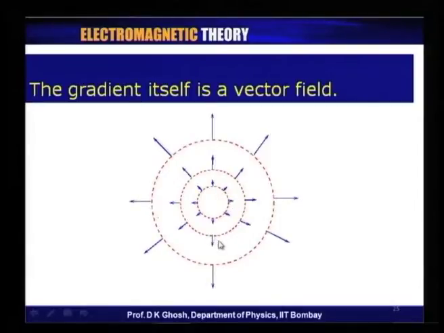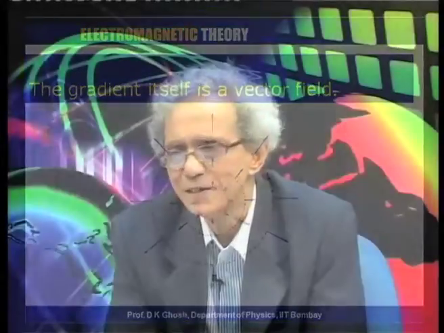As the circle becomes bigger and bigger, the arrow lengths become bigger and bigger. So, in other words, the gradient itself is a vector field. Please understand this: the gradient of a scalar function is a vector.